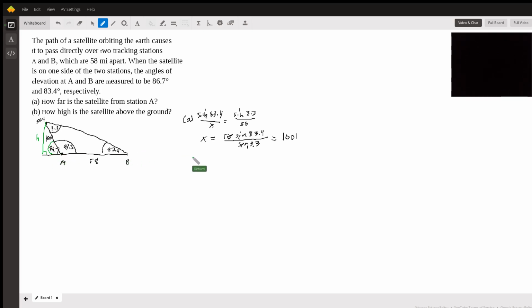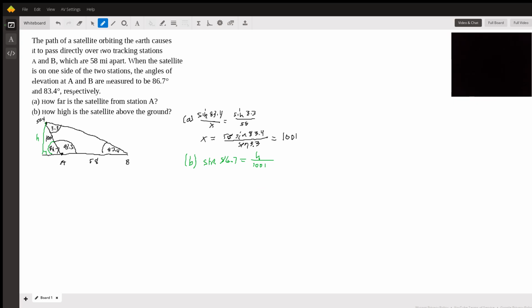So this is just a simple SOHCAHTOA issue here to get H. So we're interested in the opposite, and we have the hypotenuse. So we're going to use sine, because that involves the opposite over hypotenuse. So sine of 86.7 is going to be H over 1,001. Multiply both sides by 1,001.